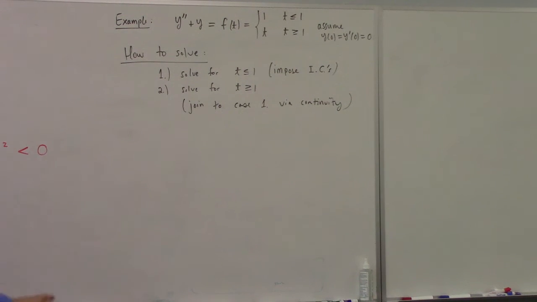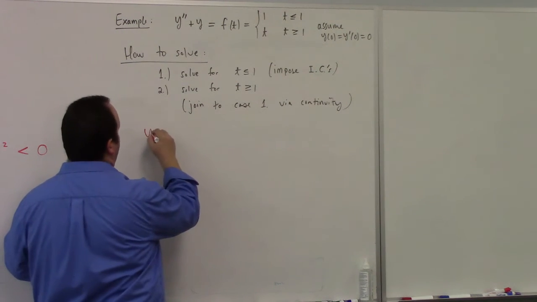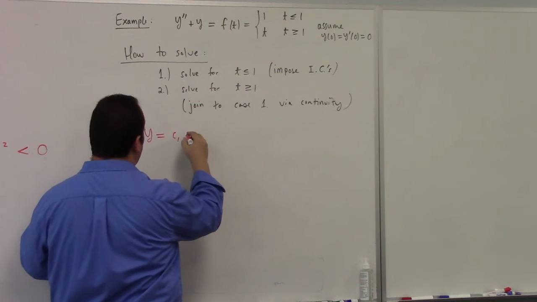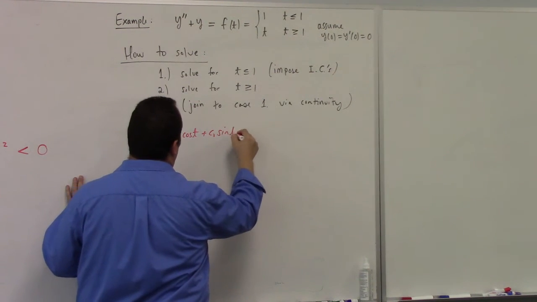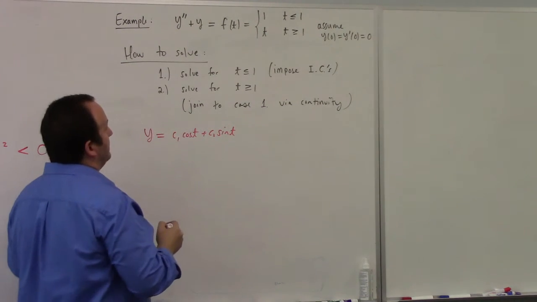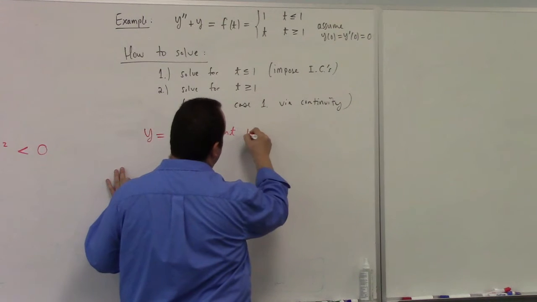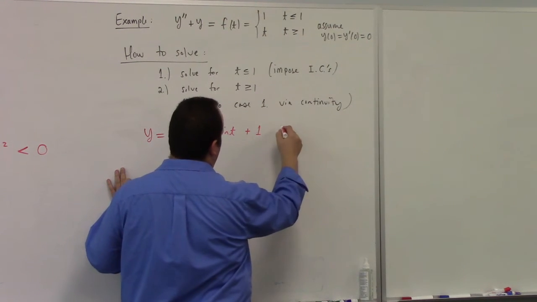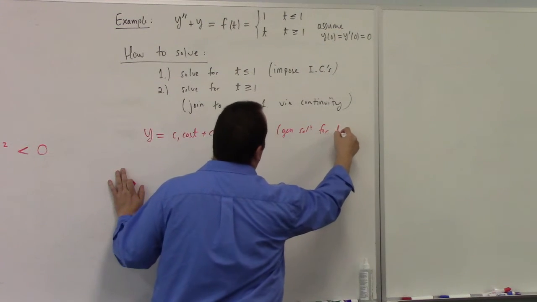All right, so I'm a little short on time, so I'm just going to take off the gloves and do it. You got y is c1 cosine t plus c2 sine t, plus the particular solution 1. This is the general solution for t less than or equal to 1.